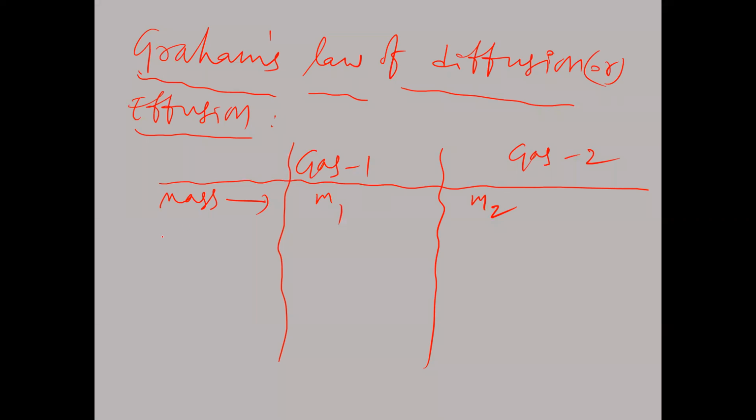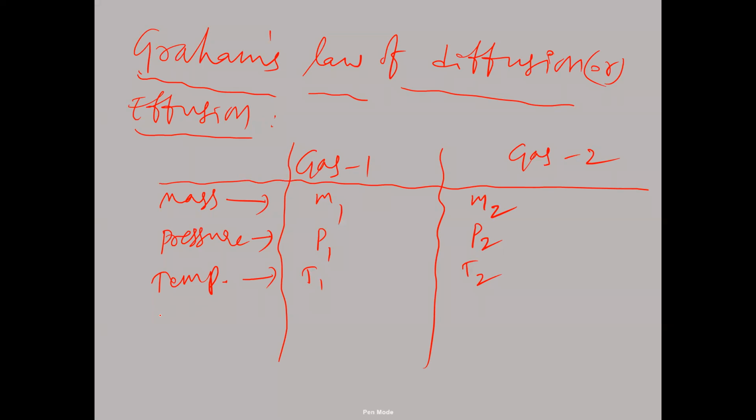Next, pressure. Pressure of gas 1 is P1, pressure of gas 2 is P2. Is that clear? Next one, temperature. Temperature of gas 1 is T1, temperature of gas 2 is T2. T1, T2 are Kelvin temperatures.